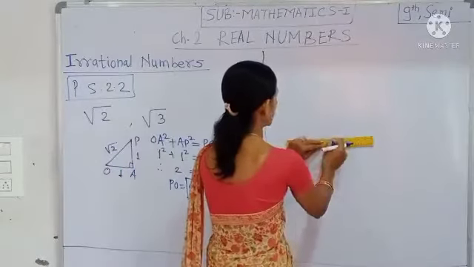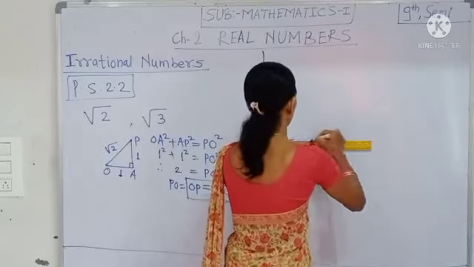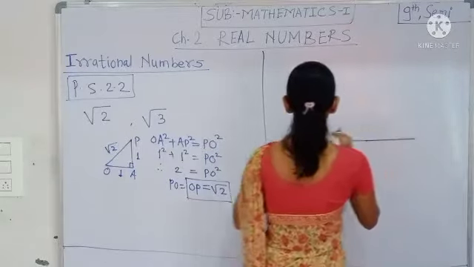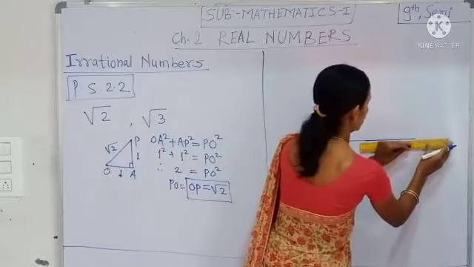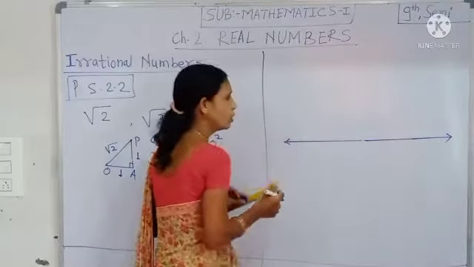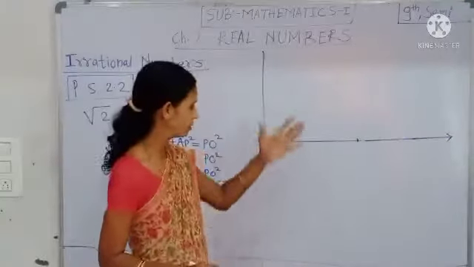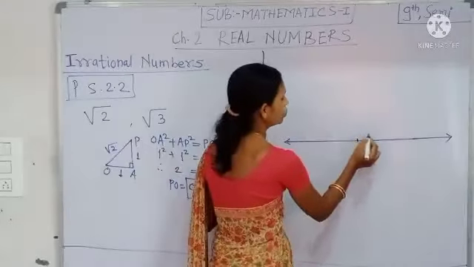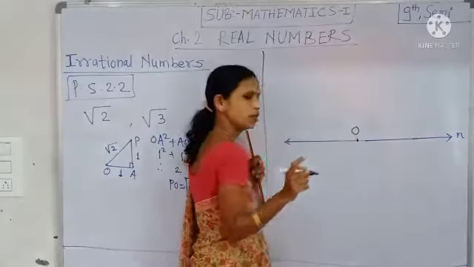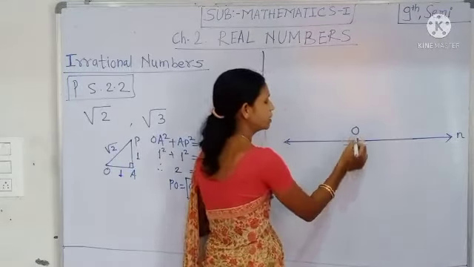First of all, draw a number line in the textbook using geometrical instruments, that is, a ruler or any one of the geometrical instruments. Then we have to label that number line: N is the number line on which O is a point known as the origin, to which the coordinate 0 is related.